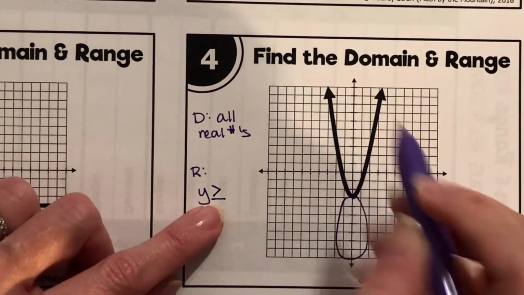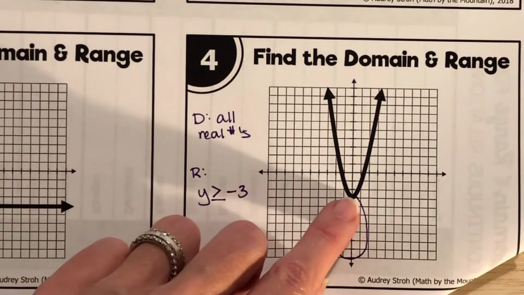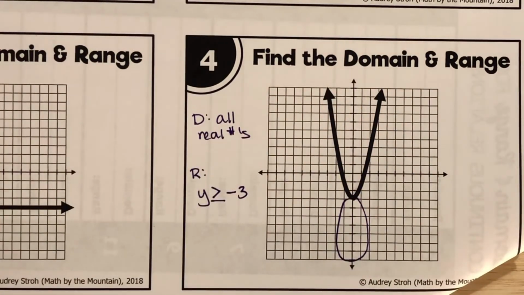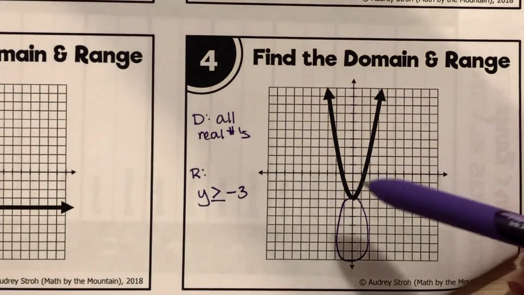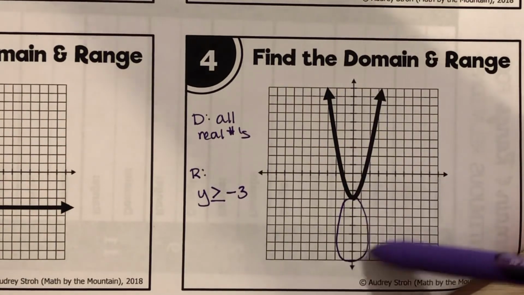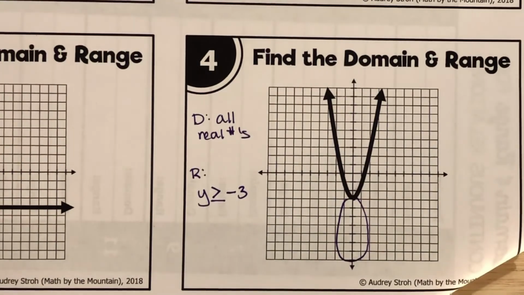So -3 will work, but it has to be bigger than or equal to -3. So my y values are only going to be greater than or equal to -3. I will never get anything smaller than -3 as a y value for my range.